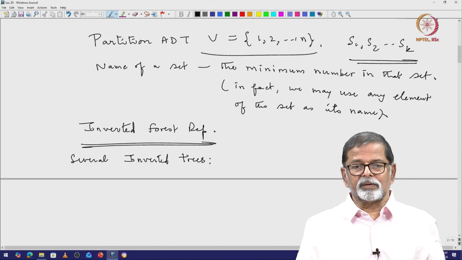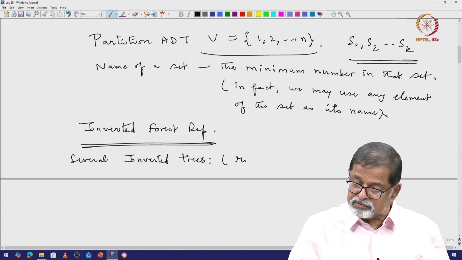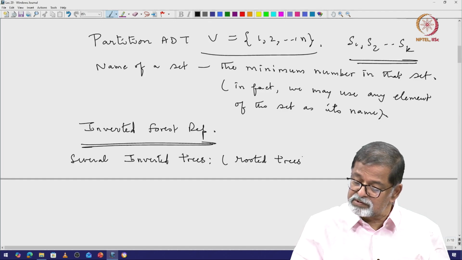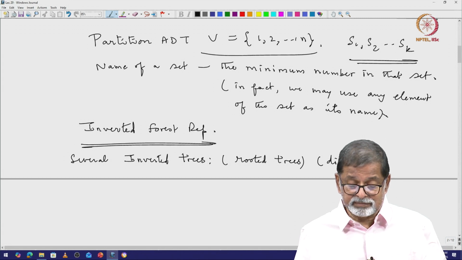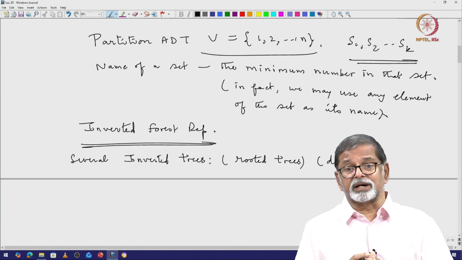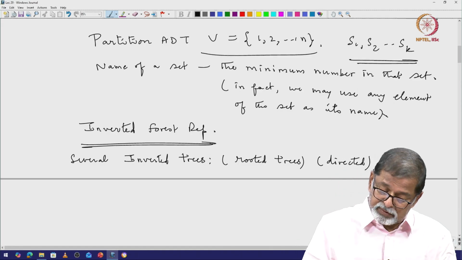These are rooted trees; all trees in computer science are rooted trees. They are directed rooted trees. By inverted, what we mean is that all edges are directed towards the root.